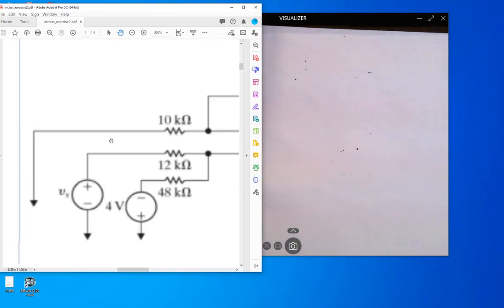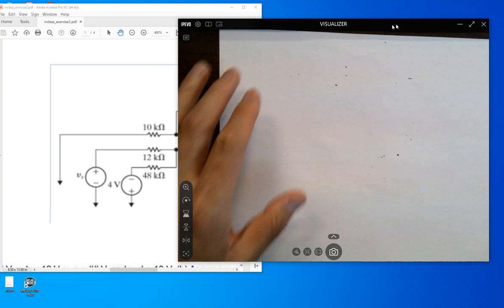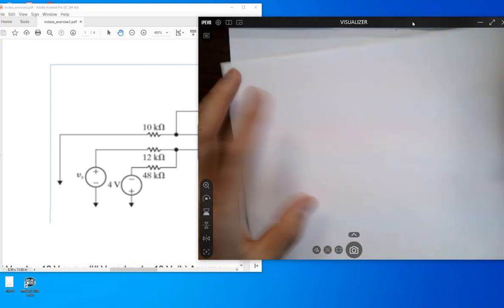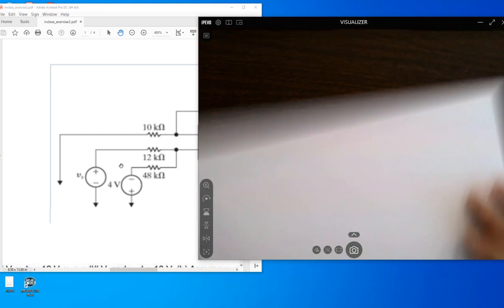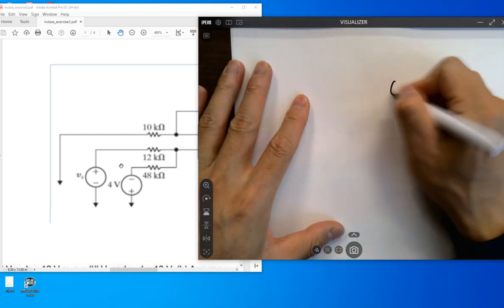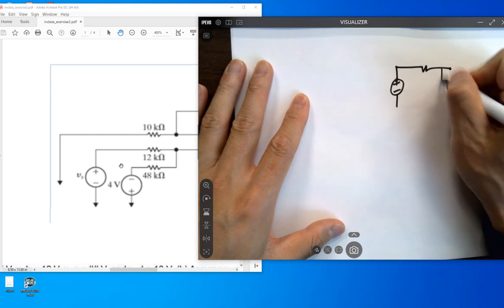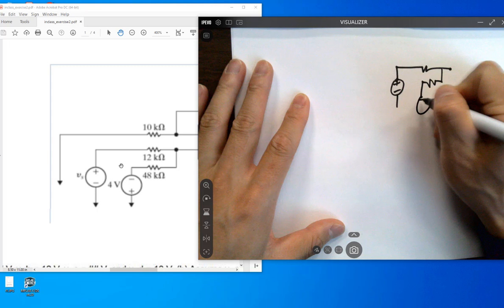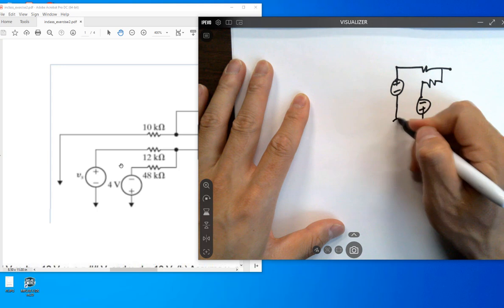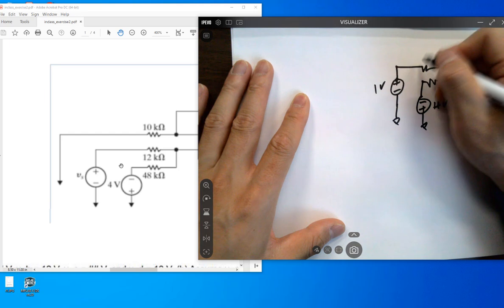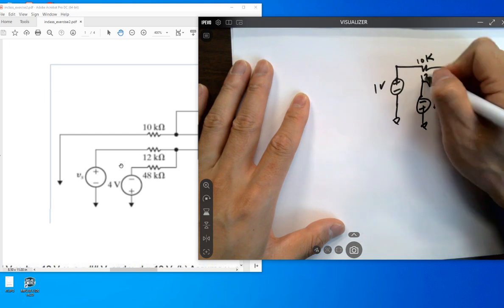Let's just extract this circuit. I know someone still doesn't know how to do it. Just look at this part, okay? Let's say 1 volt, 4 volts, 10K, 12K.